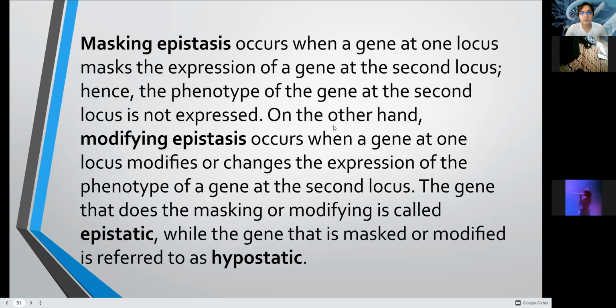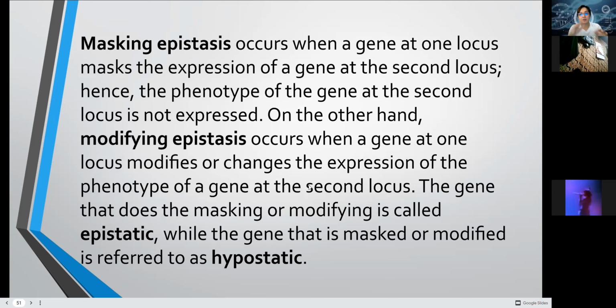What else? Masking gene, or masking epistasis. The gene of one locus is being masked with the expression of the second locus. For example, if all of you have black hair, but there is one that has blondie hair in your family, it is because of masking epistasis.